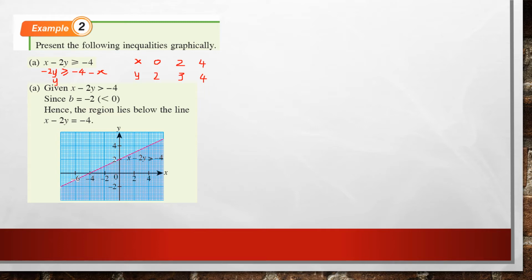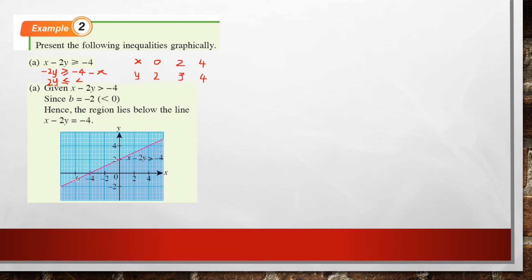So what you can do is change the subject y from negative to positive. When you change the sign from negative to positive, the inequality also changes from greater than or equal to becomes less than or equal to. The other side you also have to change the signs.